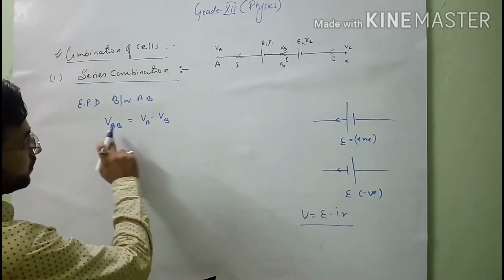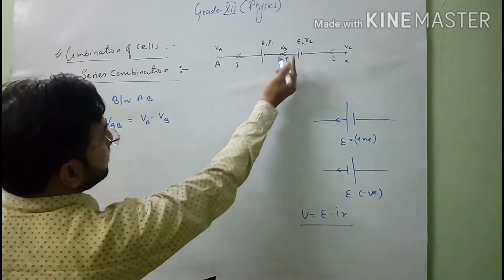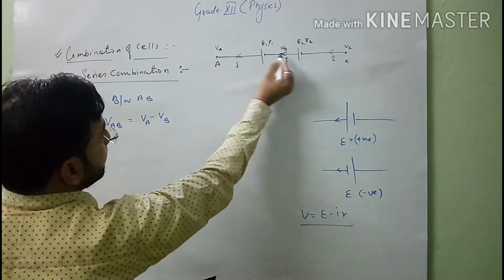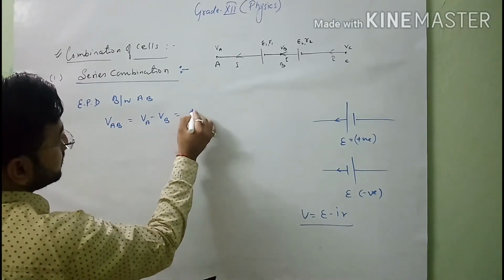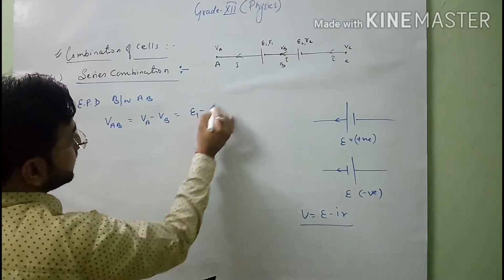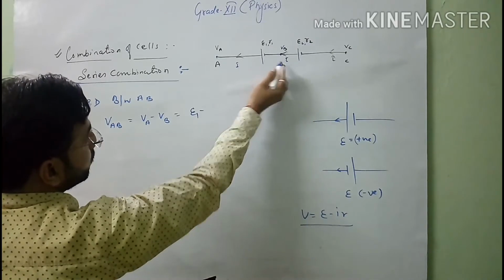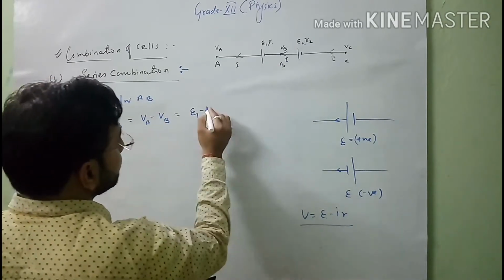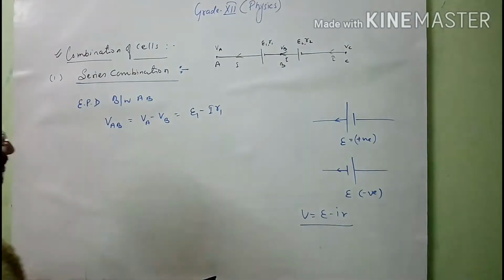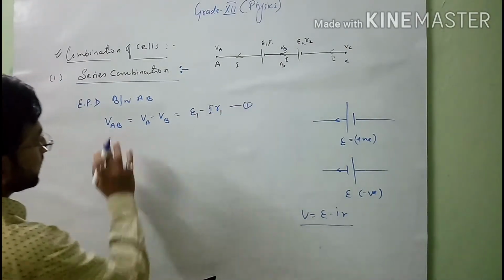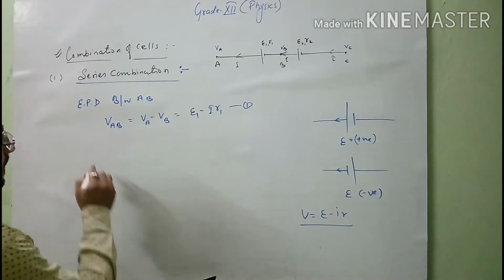Because A and B are the points of the first cell, we can write VA minus VB equals epsilon 1 minus I1 R1, since current I is flowing through the positive terminal. This is our first equation, with which we calculate the electric potential difference between A and B.